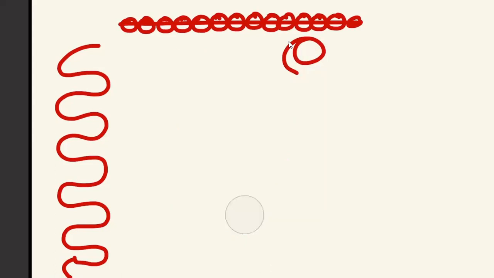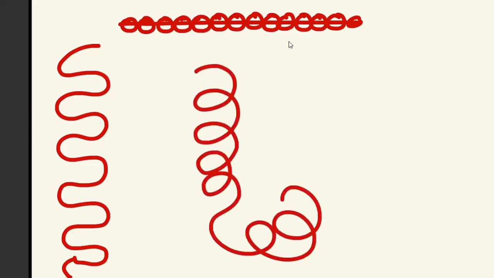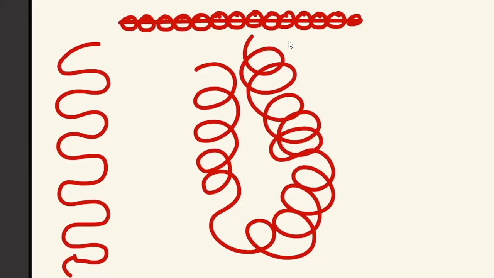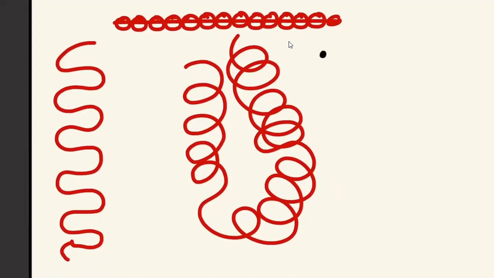In fact, let me draw a better diagram. I am going to draw it once again here. I have added folds. I have extensively coiled it and folded it, but I have not randomly coiled and folded it. I have coiled and folded it into a 3D structure. Into a globular shape.